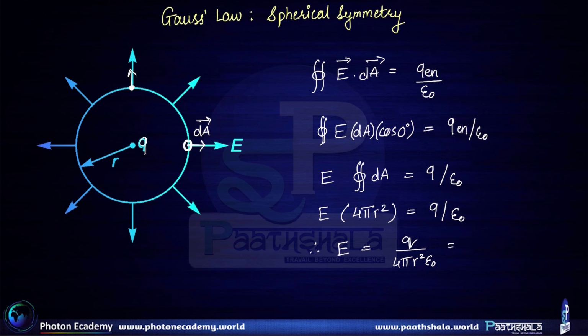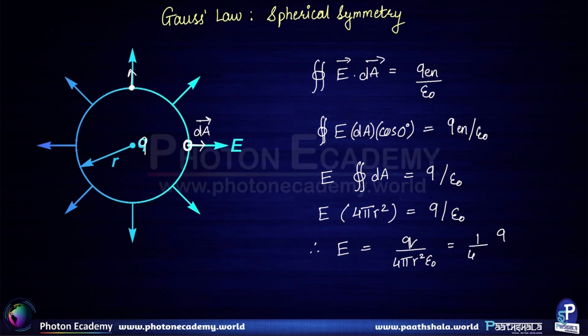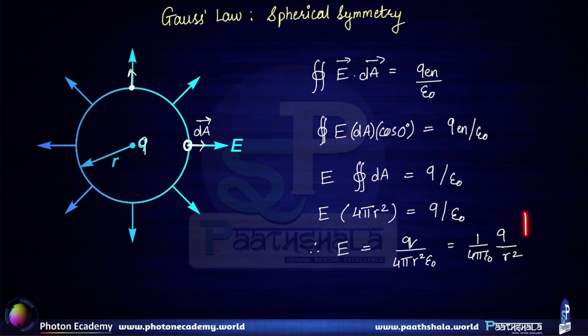So this can be written as 1 upon 4 pi epsilon naught, q divided by r square, the same result that Coulomb's law states, and thus we can actually derive Coulomb's law for a point charge from Gauss's law. And if we reverse the steps, then we can derive Gauss's law also from Coulomb's law, and thus we get a sense that Gauss's law, as we have aforementioned, is theoretically equivalent to Coulomb's law.